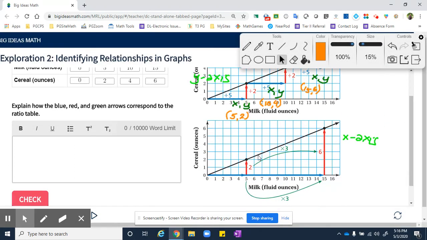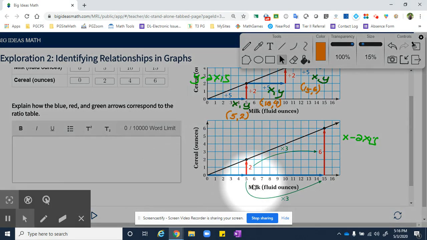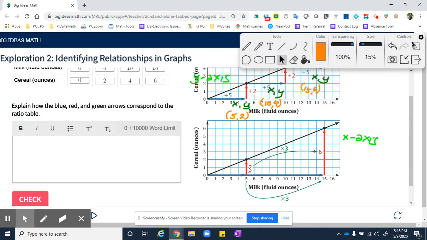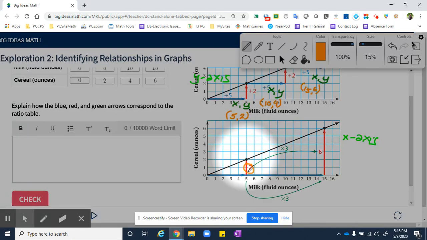On the next graph, it says the green arrows, it says times 3 and times 3. What does that mean? So you're looking at the times 3 here. Let me use a pen. This is going up 2. So from 2, it becomes a 6. So 2 times 3 gives you 6. That means, because this is our y-axis, the 2.